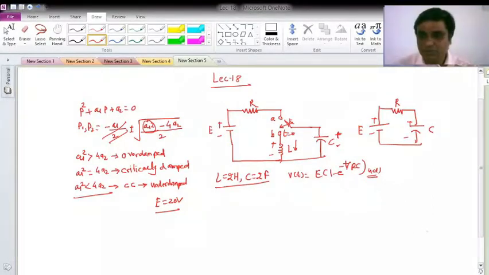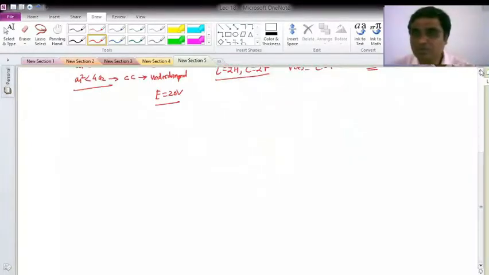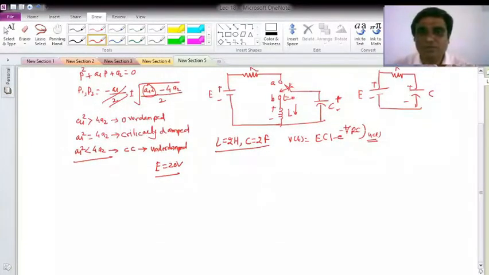First the switch was at position A, at which time the capacitor was charged. Now I will move the switch from A to position B at the switching instant, say t equal to 0.